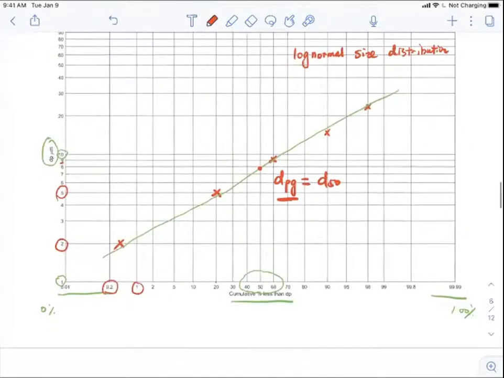And further, we can find the sizes corresponding to the percentages 84.1% and 15.9%.